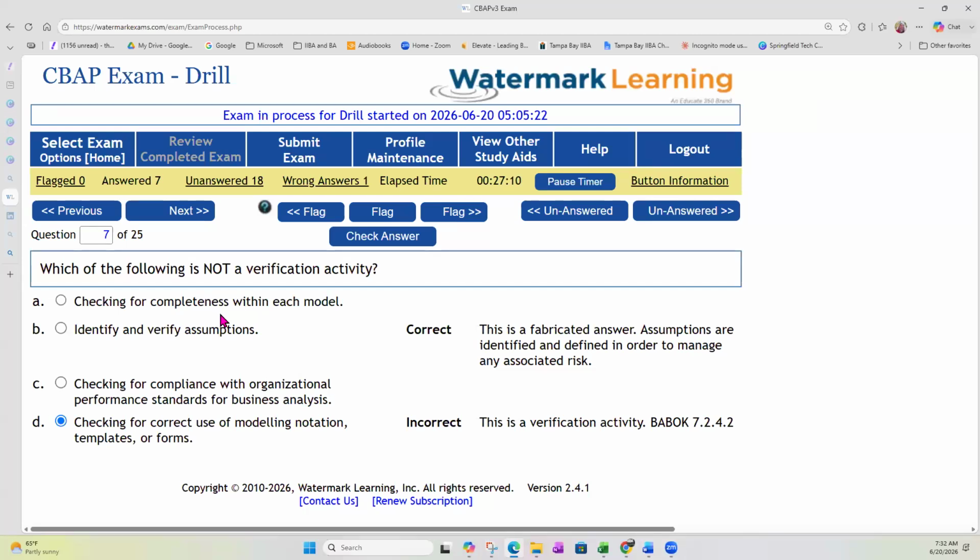So for some reason, I'm under the impression that once you elicit the requirements, then you can confirm it with the stakeholders. Then you're doing the verification, and then, of course, at the last, you're doing the validation. And then again, at the very end, the approval. You can do verify and validate at the same time with your stakeholders. Yeah.